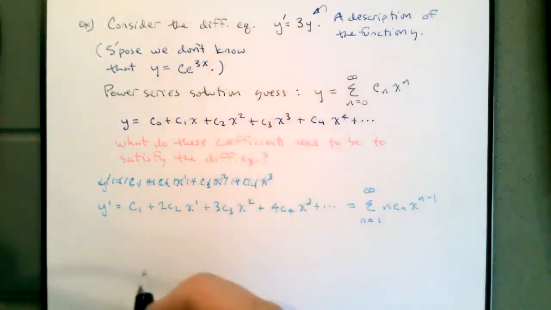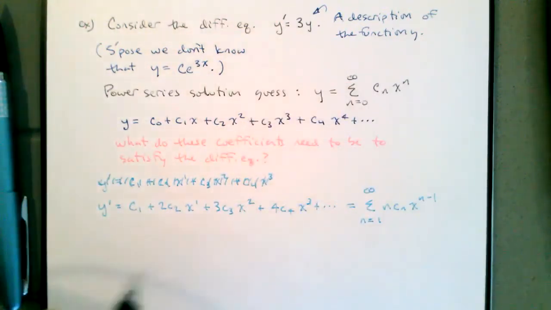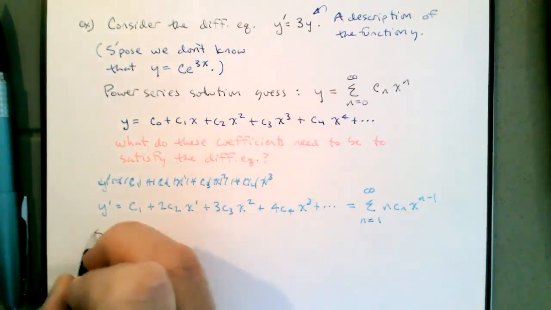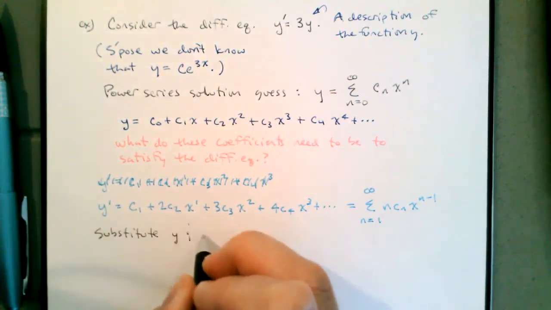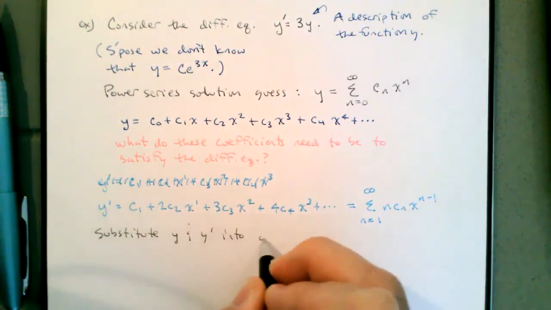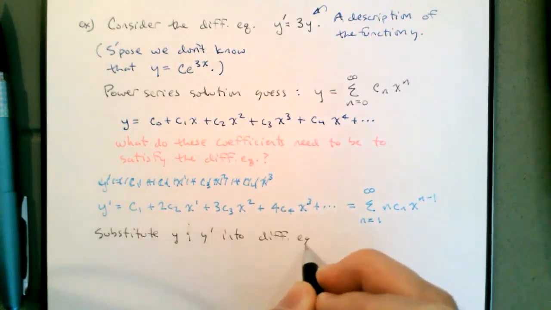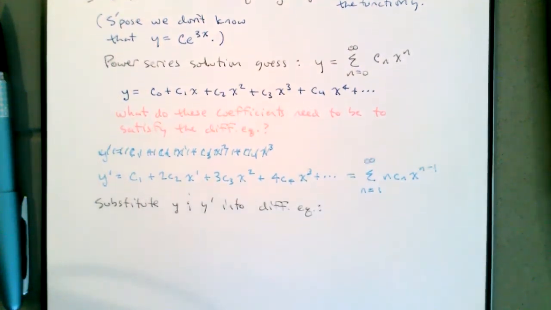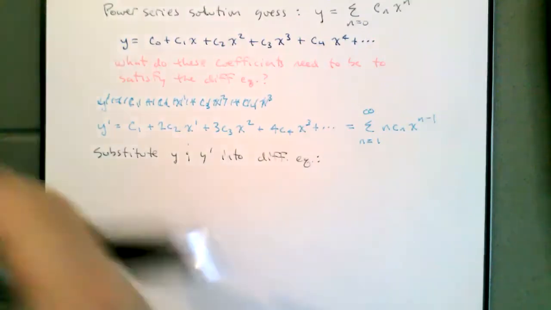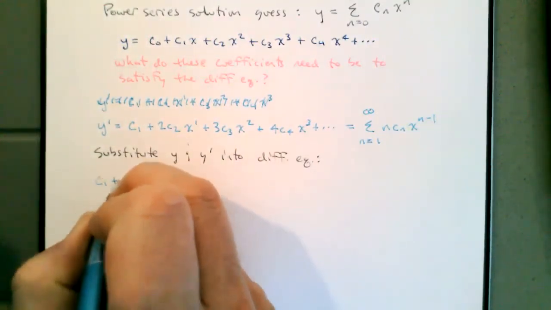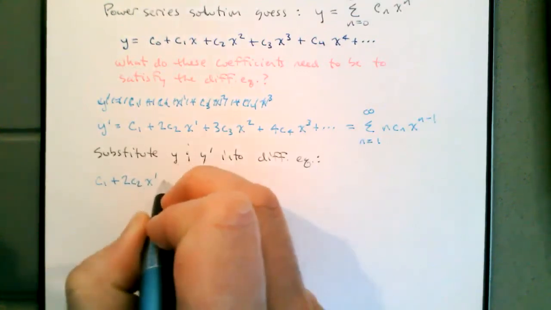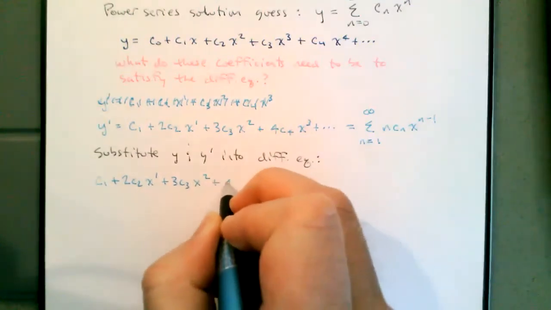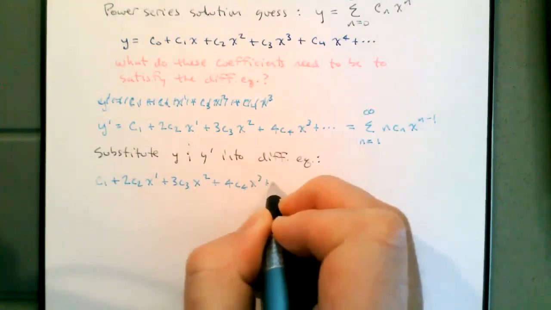Let's substitute y and y prime into the differential equation. So y prime is c1 plus 2c2 x to the first plus 3c3 x squared plus 4c4 x cubed, and so on.